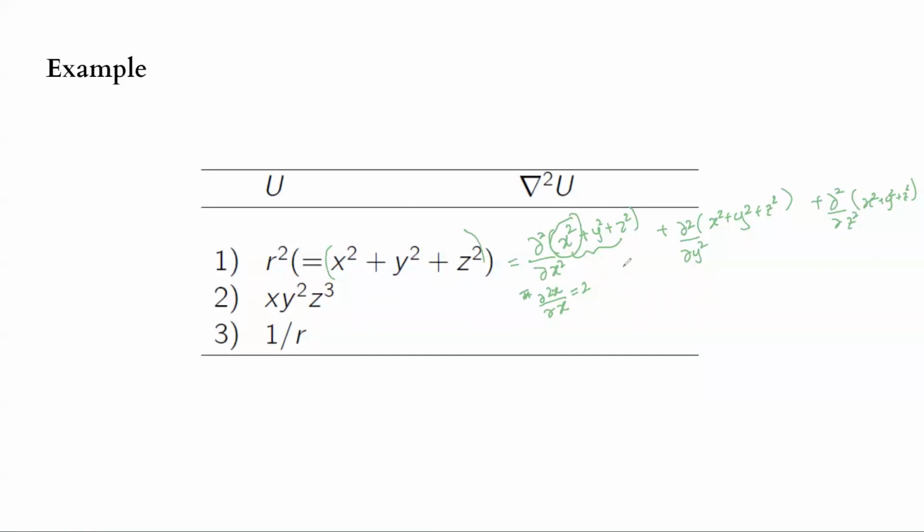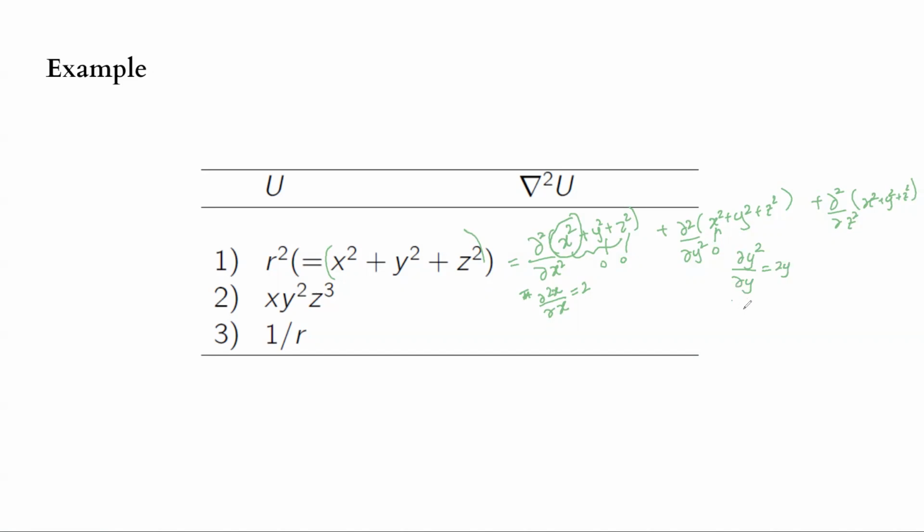Same thing for the others as well. Once we do the second derivative of the other components in this first expression, the second derivative of other components with respect to x will be 0. This will be 0. And then in here with respect to y, this will be 0.